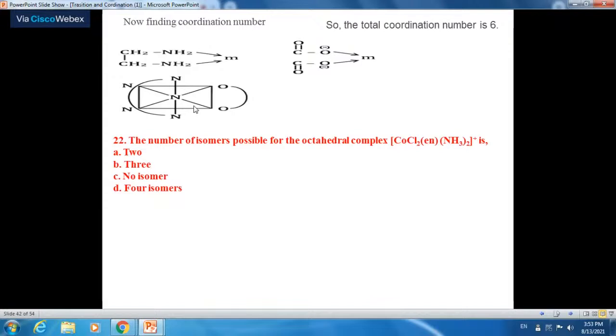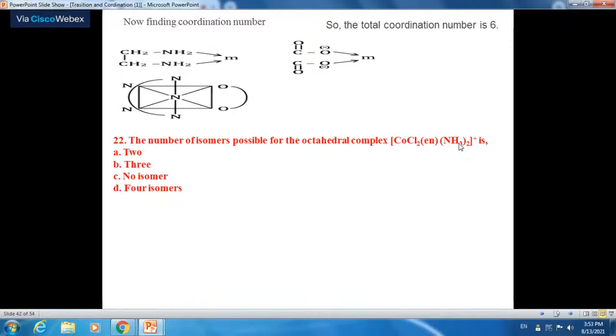So 6 and 3. The number of isomers possible for an octahedral complex. You know that for an octahedral complex, it depends on the ligands. Here cobalt is a metal, with two same ligands each, that is M A2 B2 C2.